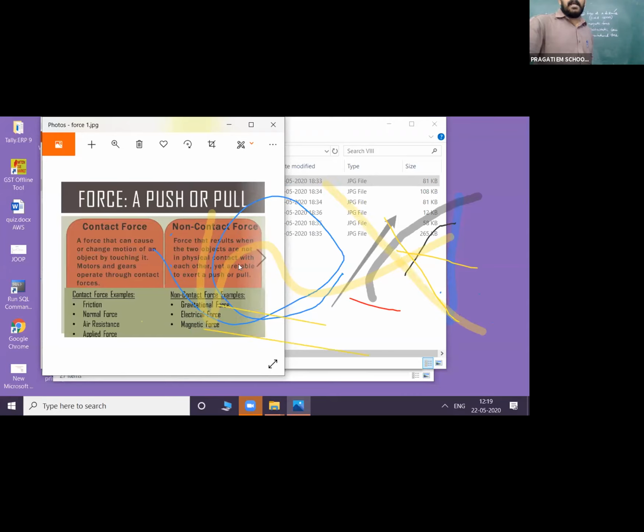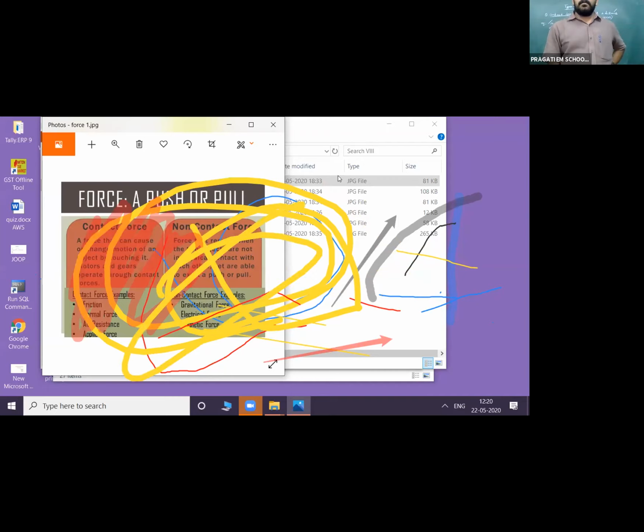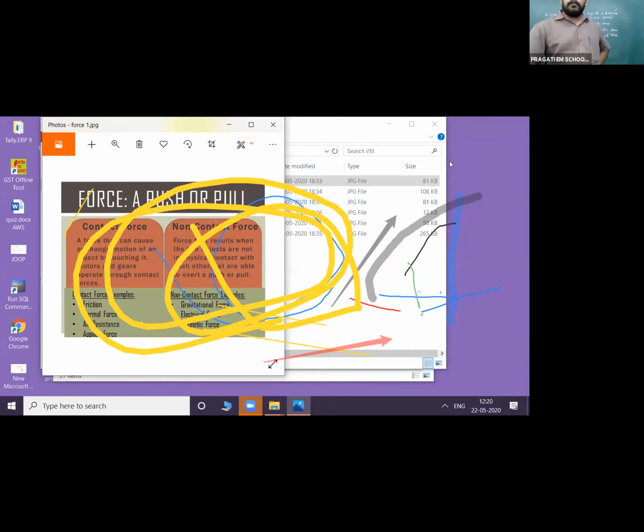Force that results when two objects are, please children, students, please do not write on this one. Please erase it. You just listen.